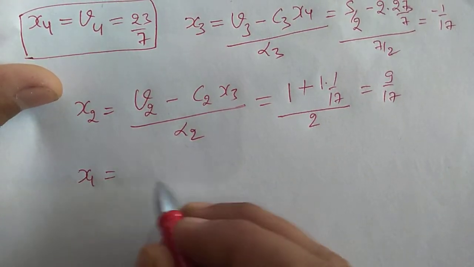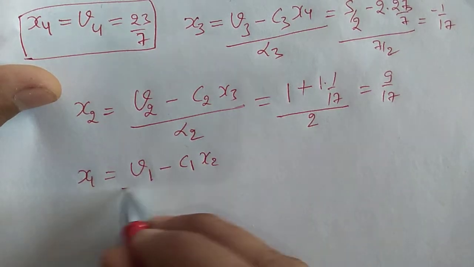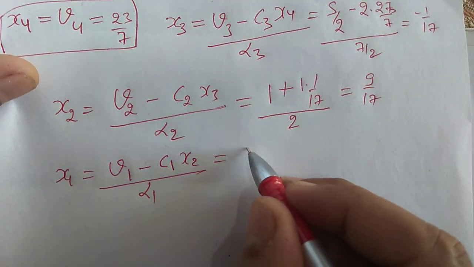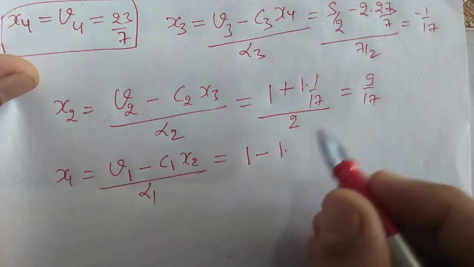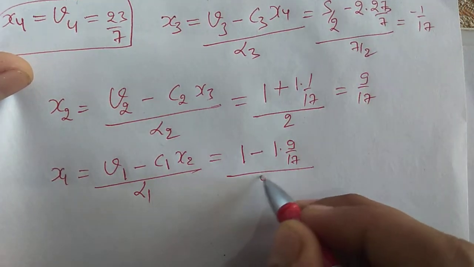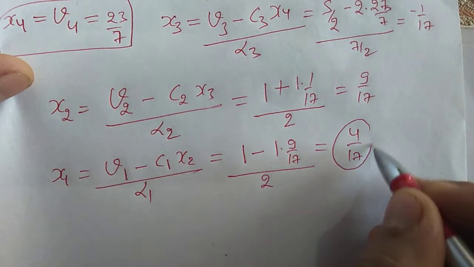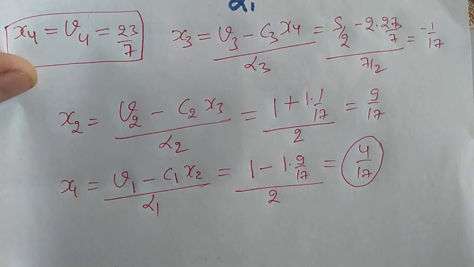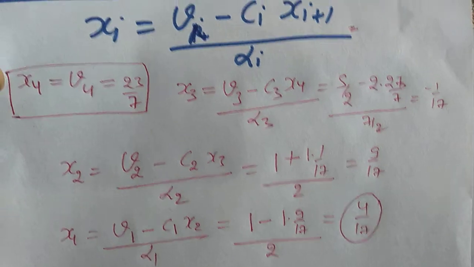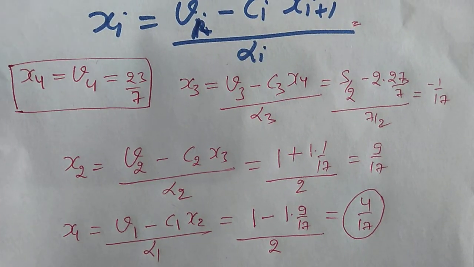So x1 is V1 minus C1 x2, by alpha 1. So V1 equal to 1 minus 1 into x2 equal to 9 by 17, divided by alpha 1 equal to 2. So this is 4 by 17. So x1 equal to 4 by 17, x2 equal to 9 by 17, x3 equal to minus 1 by 17, x4 equal to 23 by 7. So this is the answer for this given system of equations.